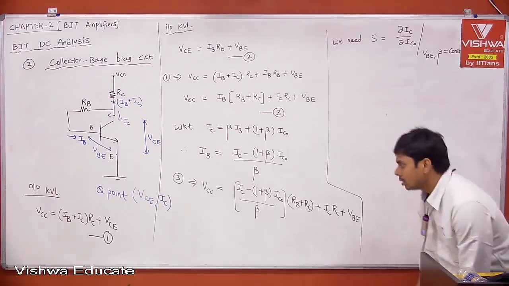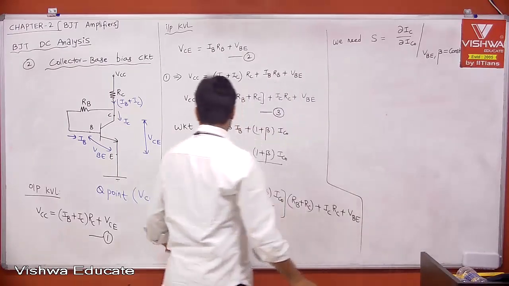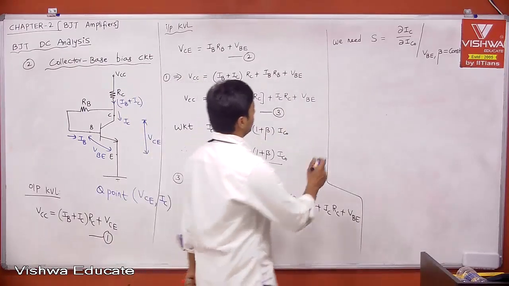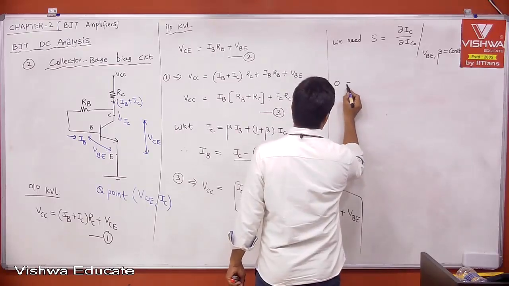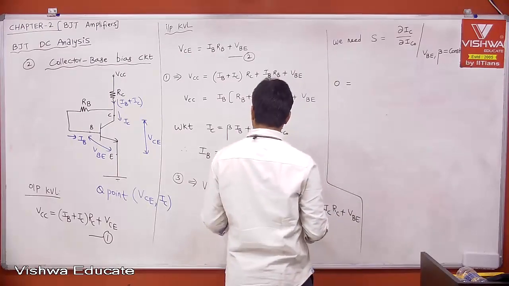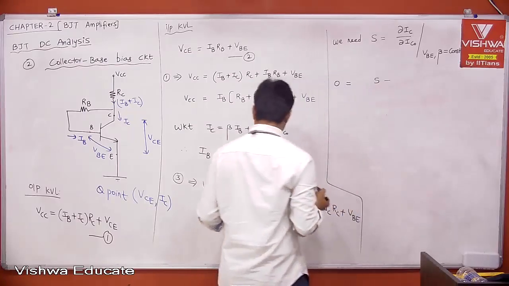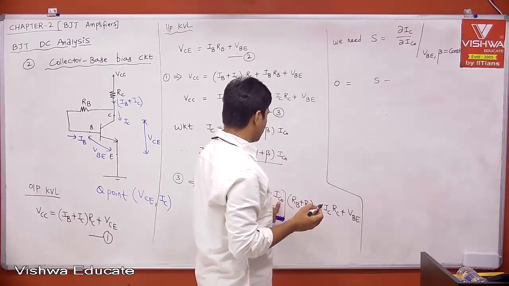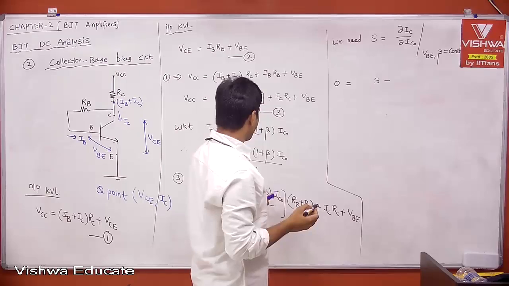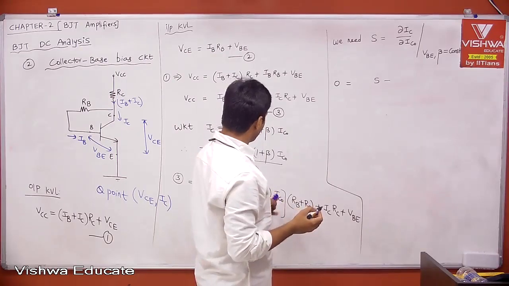Let me give you the first equation. Just listen. Therefore, what is the differentiation of VCC? 0. 0 is equal to the differentiation of IC, that is the stability factor, minus differentiation of this IC naught, right? Therefore, the differentiation of 1 plus beta and IC naught is 1 plus beta only.